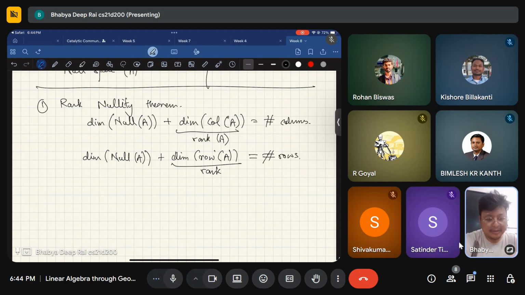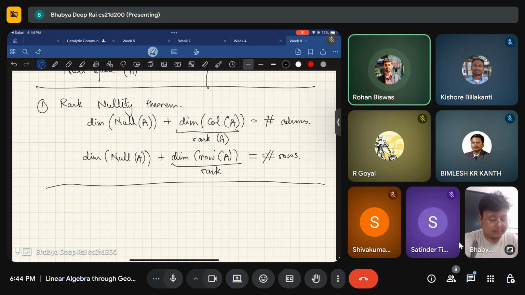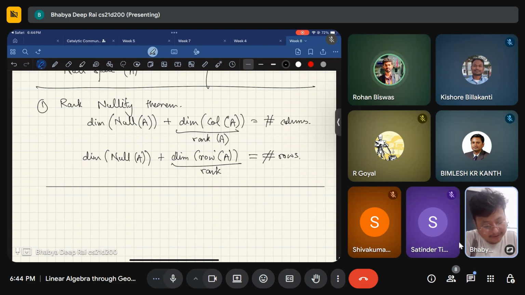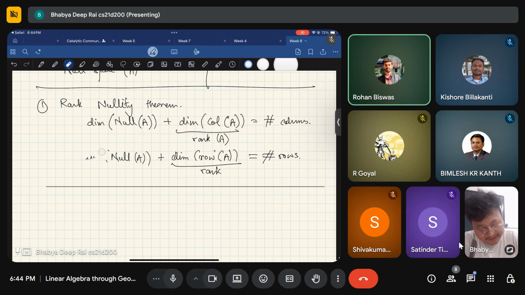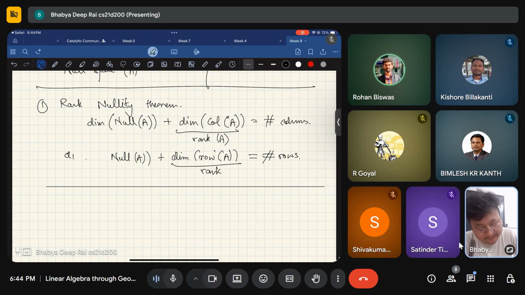Can we take A transpose, as you have mentioned, we have null space and left null space? Yeah, sorry, I forgot to put left null space. Dimension of left null space, not null space.